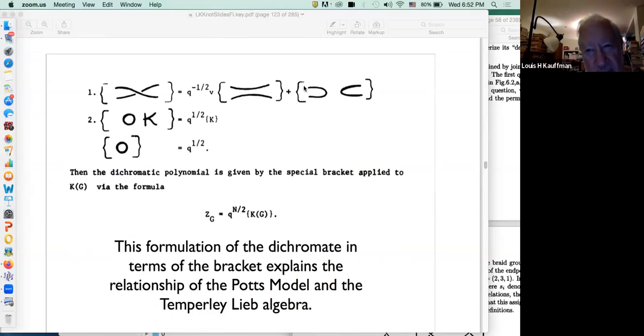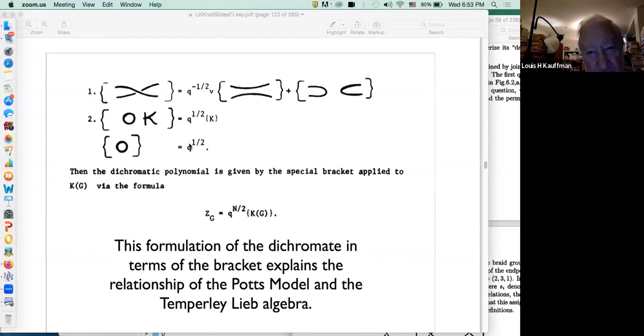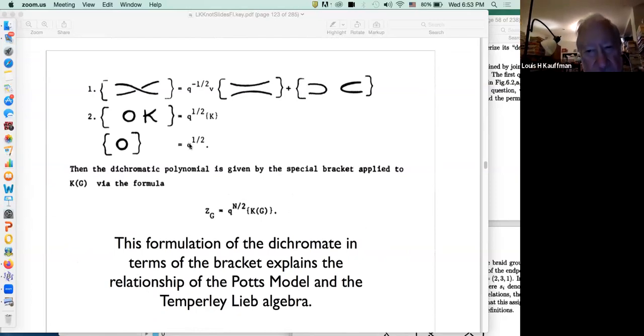So this is the contraction, that's the deletion. And you multiply by Q to the 1/2 for a loop, and the value of a loop is Q to the 1/2. And that gives you a bracket evaluation that gives you the Potts model if you multiply by an appropriate amount. So this is just like the notion of the bracket that we were doing for topology, but with different coefficients. And with these different coefficients, we are on the Potts model.